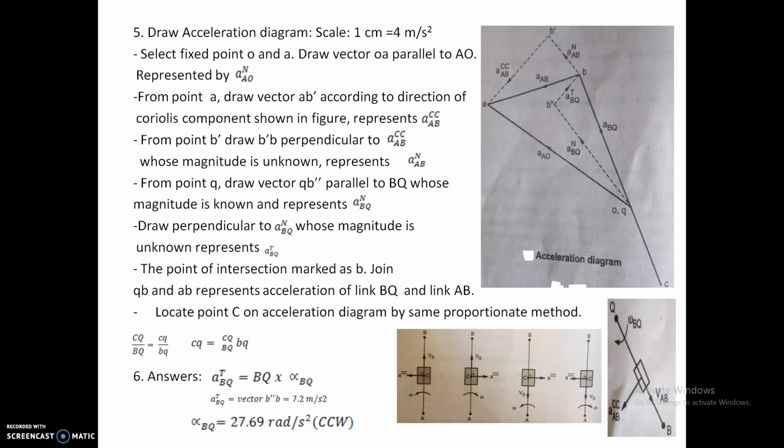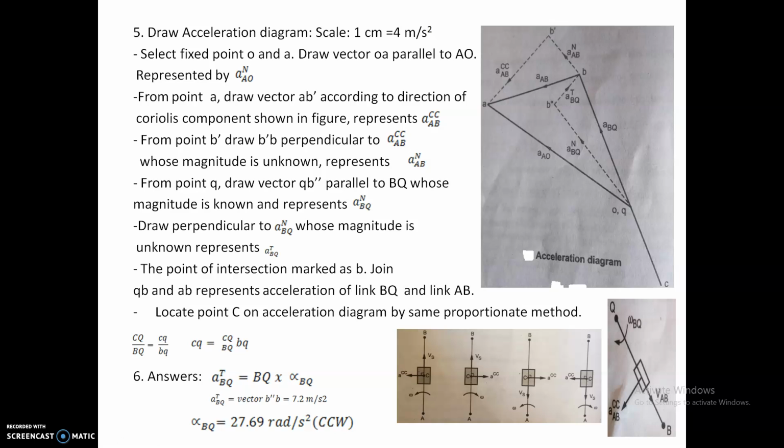When you rotate the sliding velocity vector by 90 degrees as per the direction of omega, you will get the direction of the Coriolis component of AB. So in this way you get the direction. By taking the magnitude and the direction, you will get B dash. You can also write it as X. So it is not the final component.